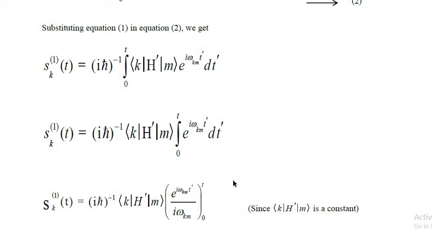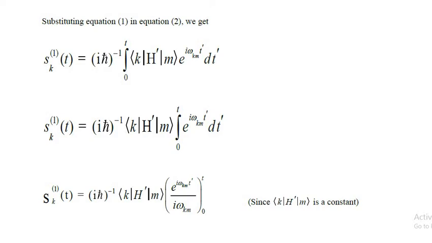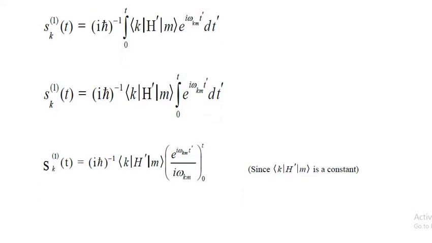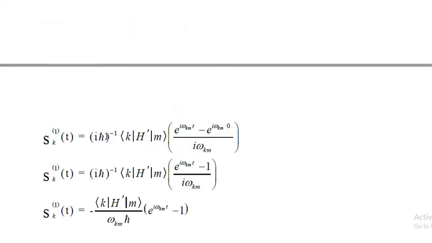Apply the limits 0 to t. So after applying the limits, we get S_k^(1)(t) is equal to (i h cross)^-1 the matrix form e power i omega_km t minus e power i omega_km into 0 divided by i omega_km.